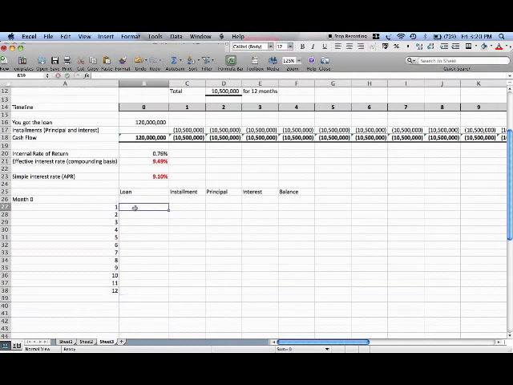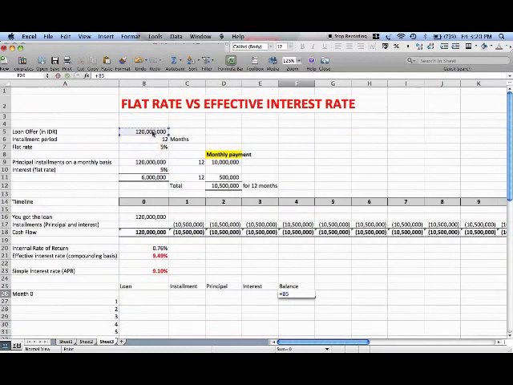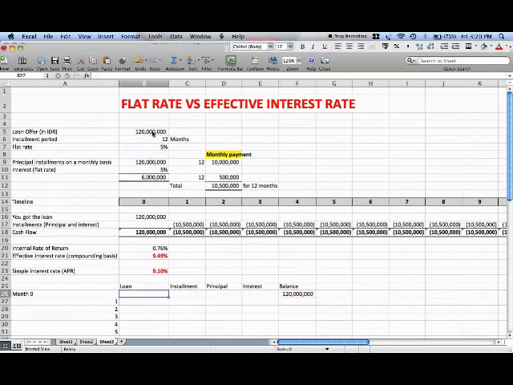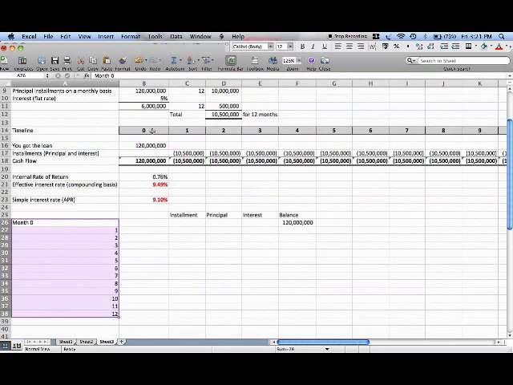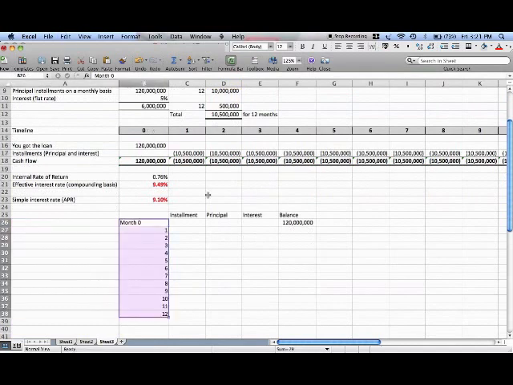Okay, your initial balance is 120 million rupiah.